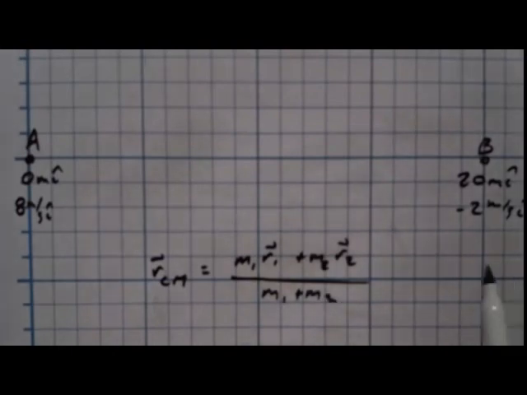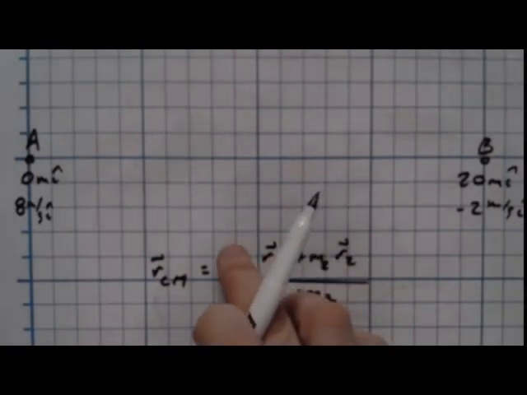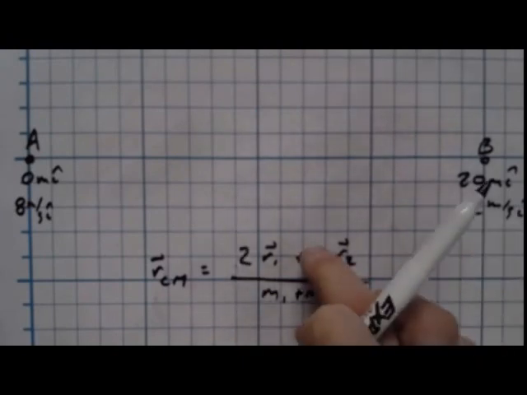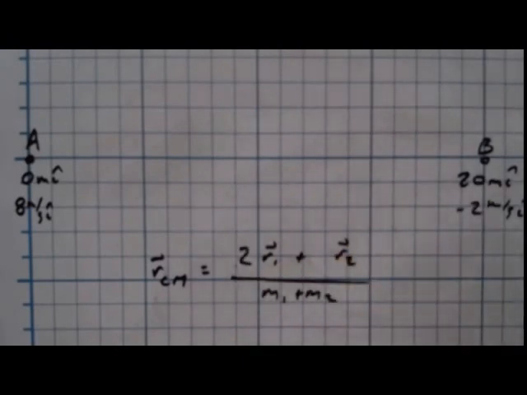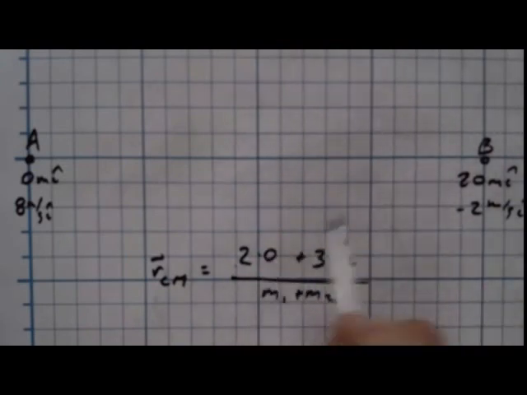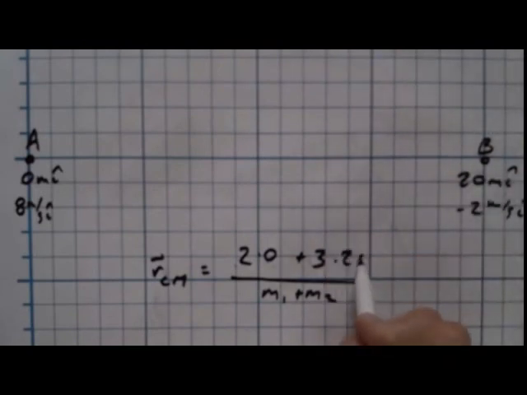What this is conceptually is a weighted average of the 2 positions. So if I put some numbers in there, we're going to get a mass of 2 kilograms and a mass of 3 kilograms and a position of 0 and a position of 20.